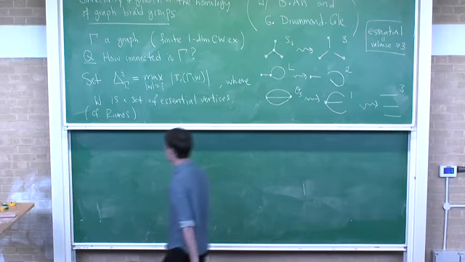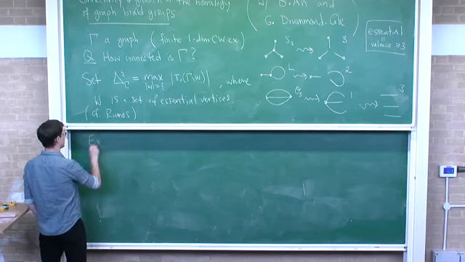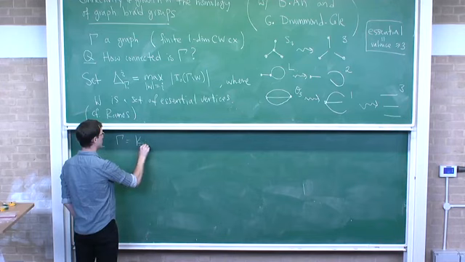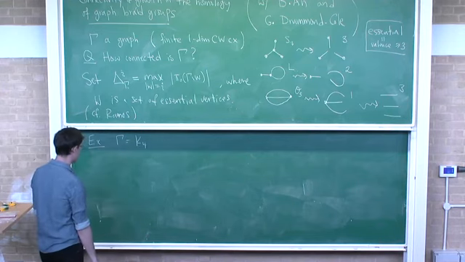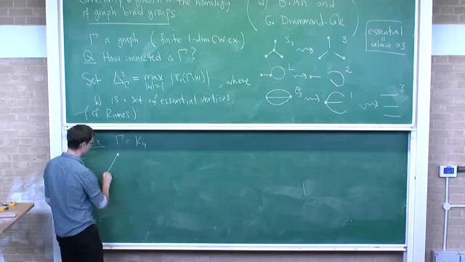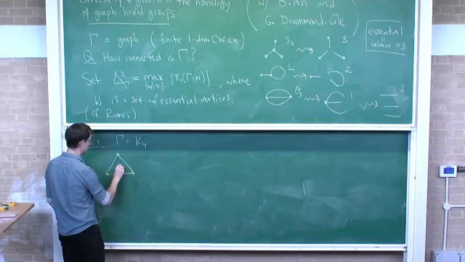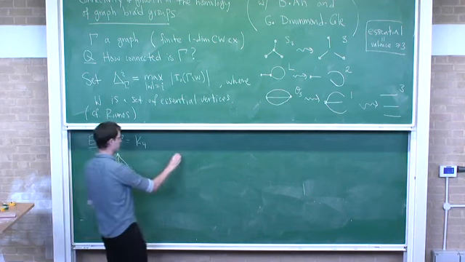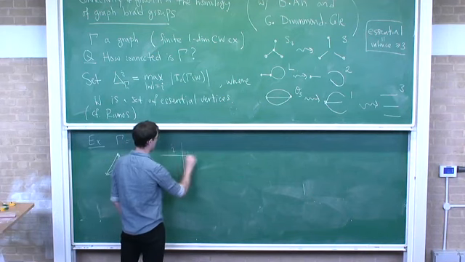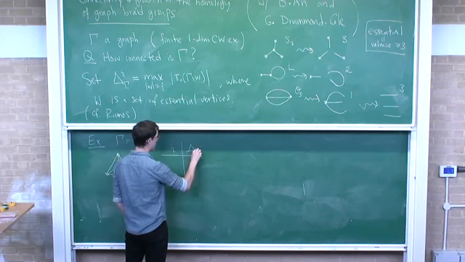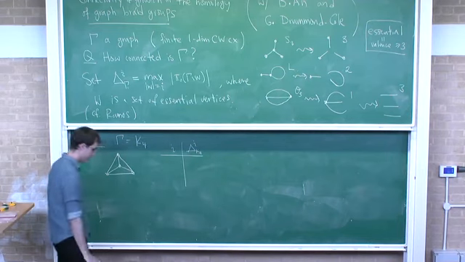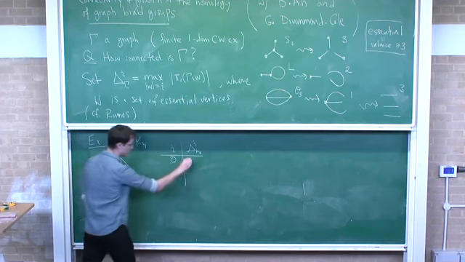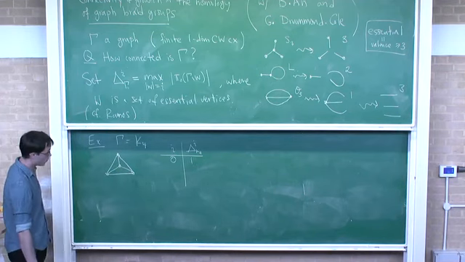So just to do one example, gamma is the complete graph on 4 vertices, so here is that graph. Then we can record i and delta i for this graph. If we don't remove any, then certainly the graph was already connected, so that's 1.